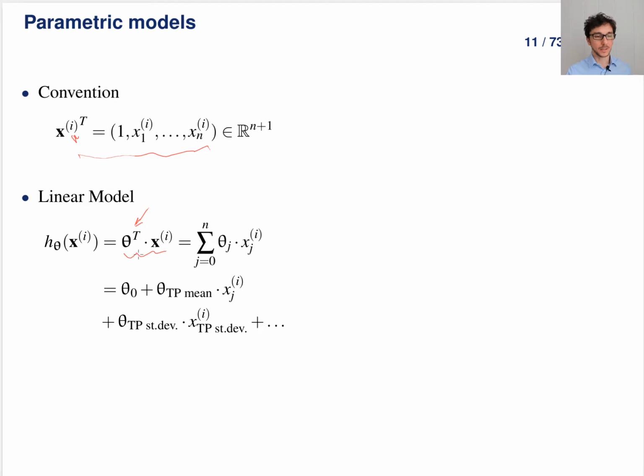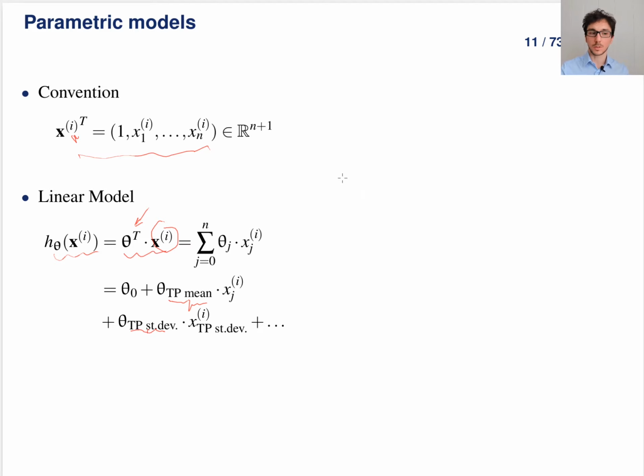So we have one parameter per each feature. For instance, if our features are the mean of the throughput and the standard deviation of the throughput, this is what we have. Okay, so we give as input any sample xi, and we have as output an inference, in this case a resolution.